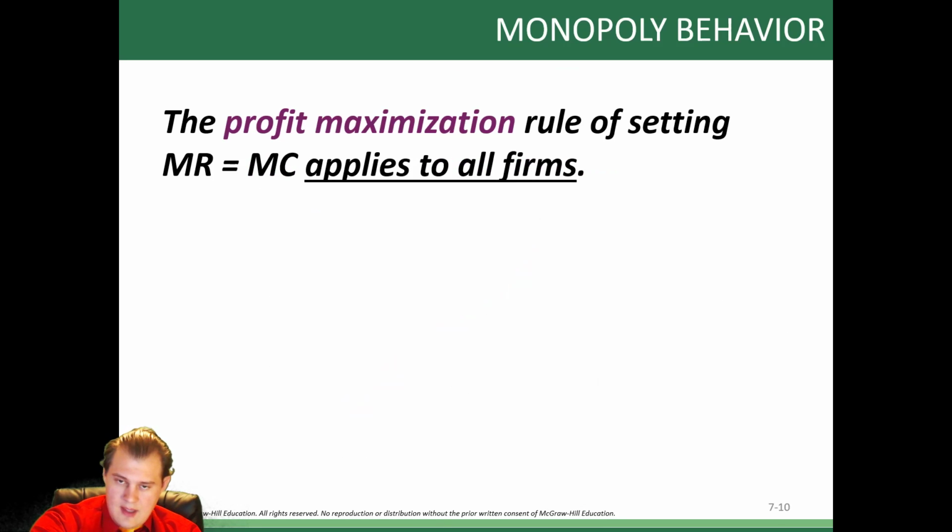Moving on. MR equals MC applies to all firms. When I talked about price equals MC in perfect competition way back, MR equals MC applies to everybody, so even them, it's the same thing.